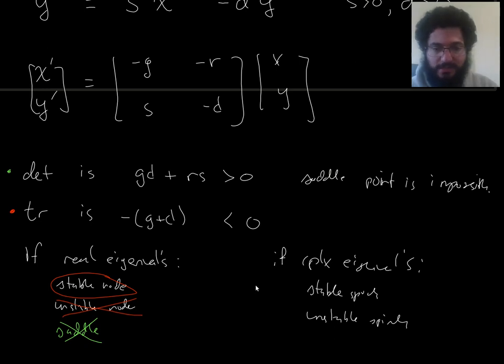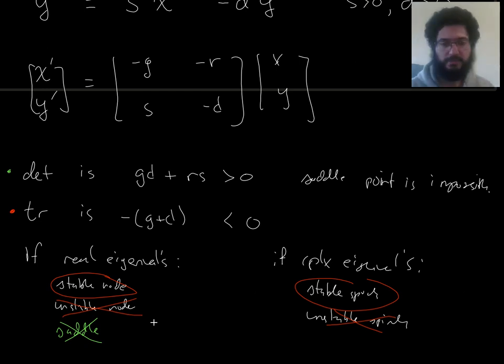So let me just focus on the non-special things. The trace being negative rules out unstable spiral, right? Because remember, the trace is 2 times the real part of the eigenvalue. So the only possibilities are either we're looking at a stable node or a stable spiral, or one of the special in-between weird things.